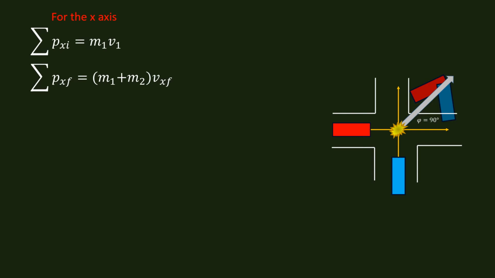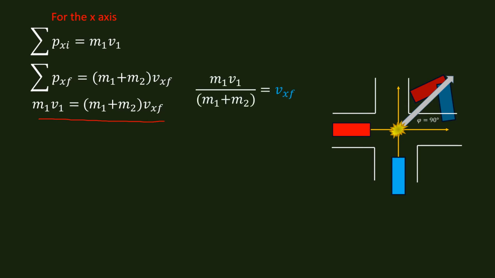And all we need to do now to find an equation is to equate these two because they're equal. Okay, and so we do this right here. We equate them, and we're going to solve for v of xf. Okay, and so now we have one of our equations.